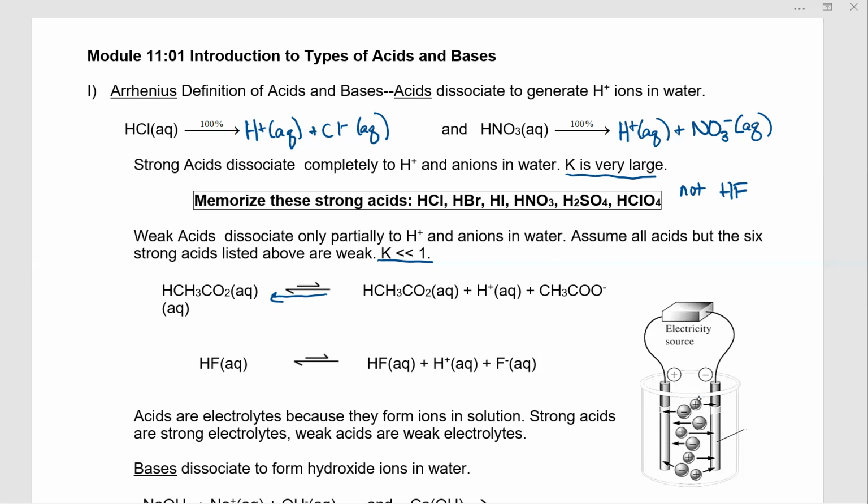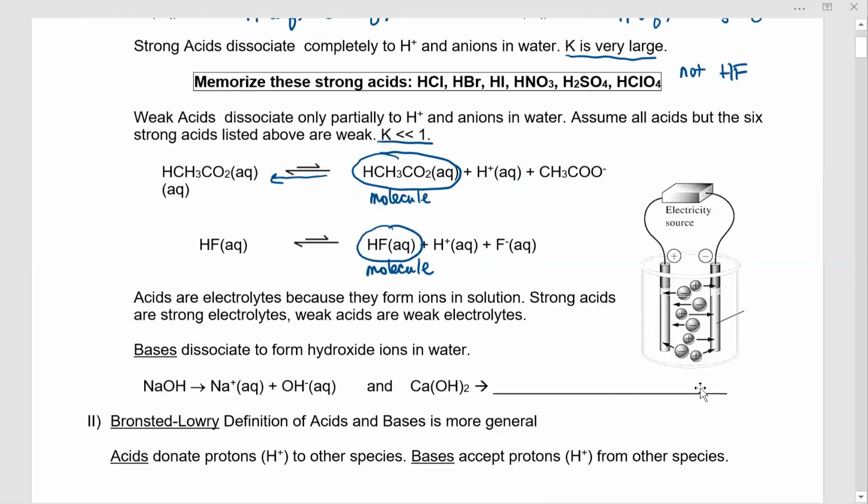What we mostly have is the molecule. So most of the HF stays in the molecule form. It's actually really incorrect that I have drawn these like this, but the point I wanted you to see here is that most of these weak acids remain in the molecule form.